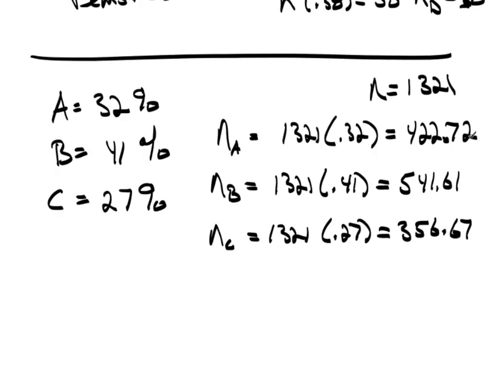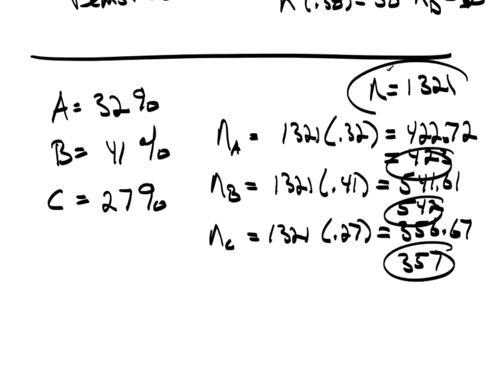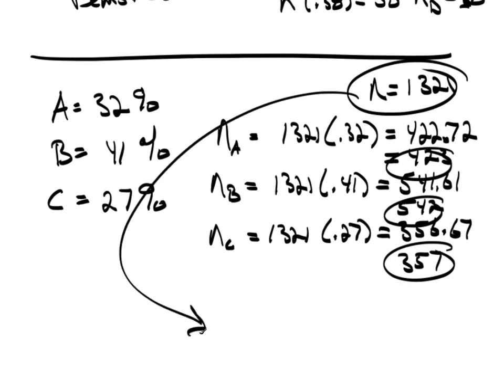Now, what we want to do is use proper rounding. So what I'm really going to get for this one is 423. For this one, proper rounding would bring me to 542. And for this one, it would bring me to 357. Now, if I add these numbers up, I'm not going to get 1,321. You're going to actually get 1,322.